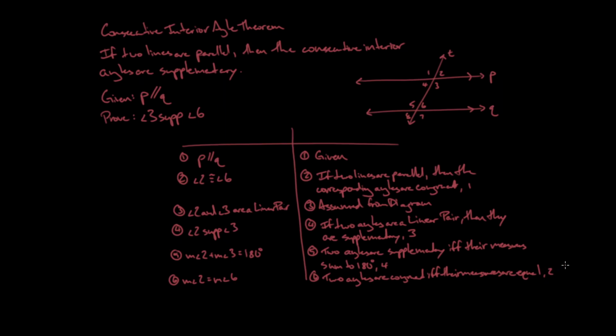That's okay. Now I can actually do the substituting, which is great. I'm going to substitute the statement I just made, the measure of angle 2 is equal to the measure of angle 6, into this equation right here. So I can place measure of angle 6 in place of measure of angle 2 here. So the measure of angle 6 plus the measure of angle 3 is equal to 180 degrees.